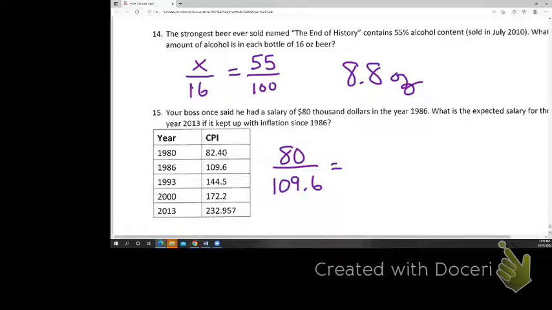So that's how much in 1986, that's the CPI for 1986. The expected salary for 2013, what's our CPI? Over 232.957. And use that whole thing. Don't do any rounding until you get to the end. And then cross multiply and divide is once again our best friend.